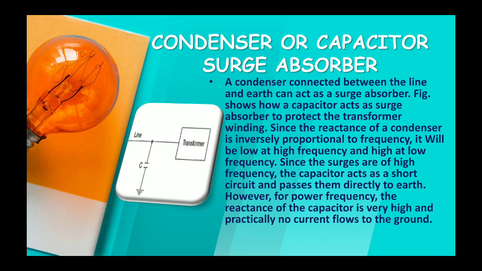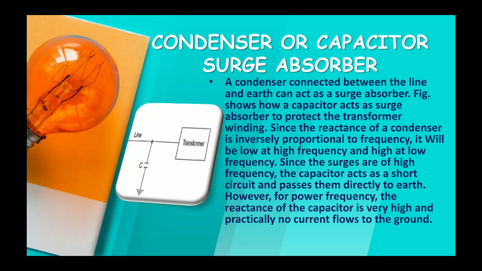Since the surges are of high frequency, the capacitor acts as a short circuit and passes them directly to the earth. When the surge occurs, we know the frequency of the surge and traveling wave is very high, so the value of the capacitive reactance is reduced. This path acts as a short circuit path.